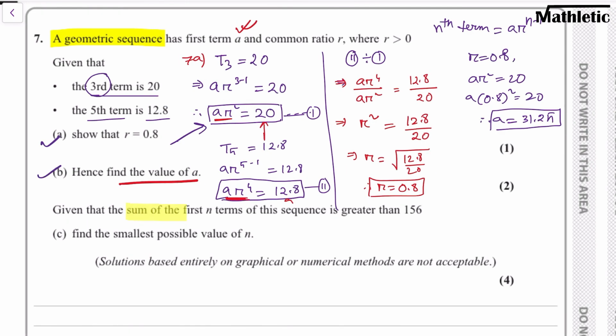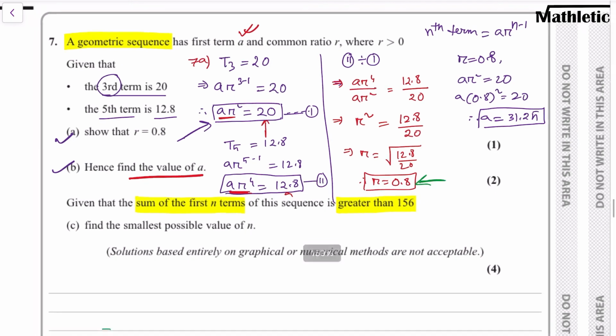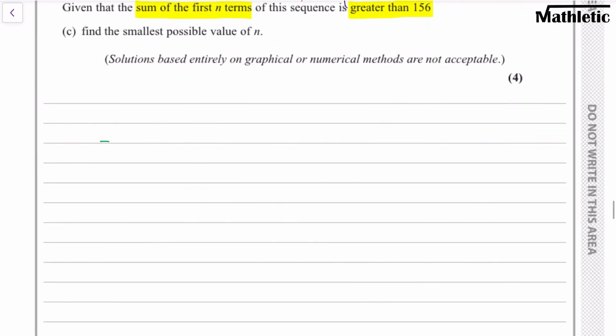For part B, the sum of the first n terms is greater than 156. R is less than 1. So that's why the formula of the sum of n is A times 1 minus R to the power n, divided by 1 minus R, and it's greater than 156.